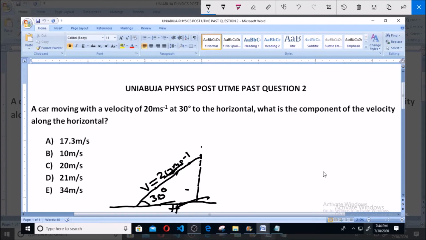So now we are going to be using a trigonometric expression to obtain the answer for this question.